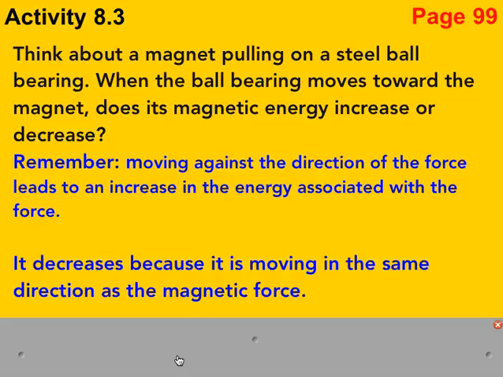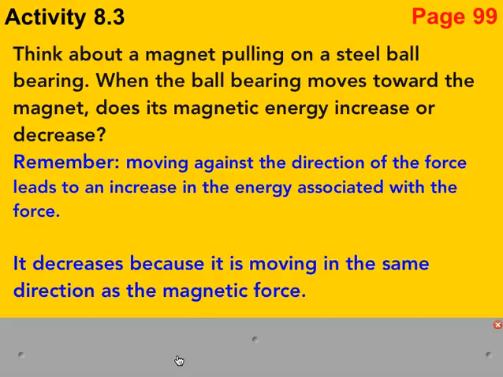Absolutely. Just like a ball that's further away up in the sky, away from the Earth, has more potential energy. Just like a rubber band that's stretched and stretched is getting more and more elastic potential energy. So ball E, which is further away from the magnet, will have more energy.